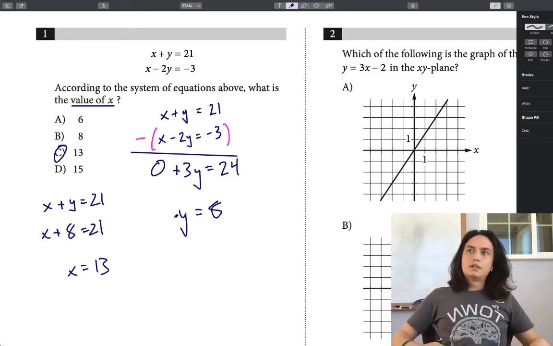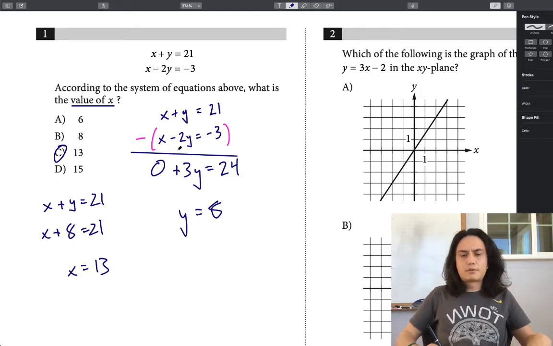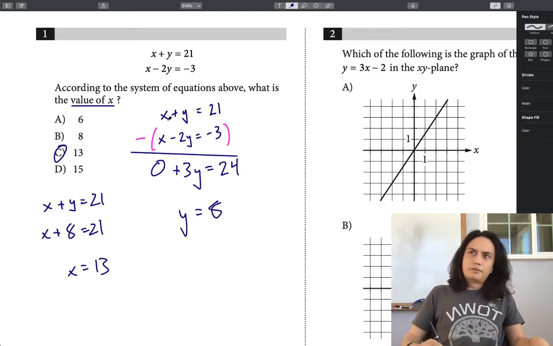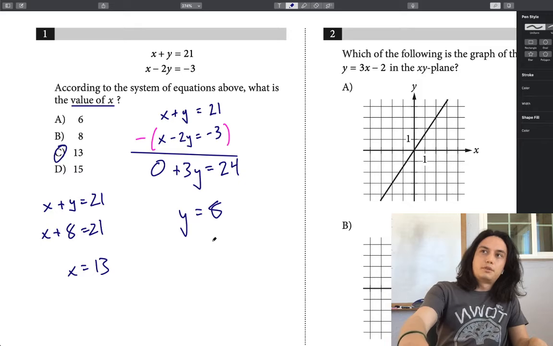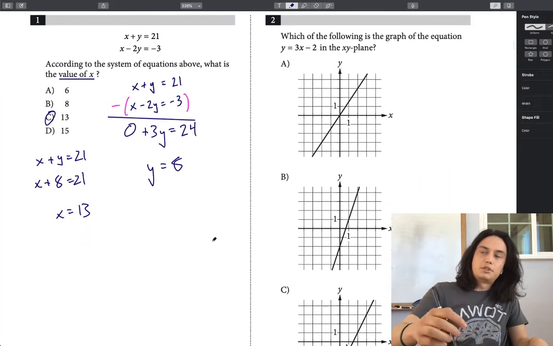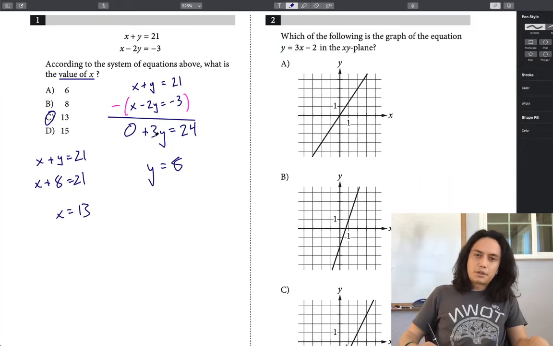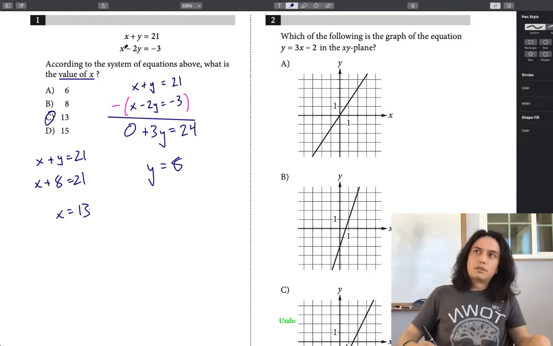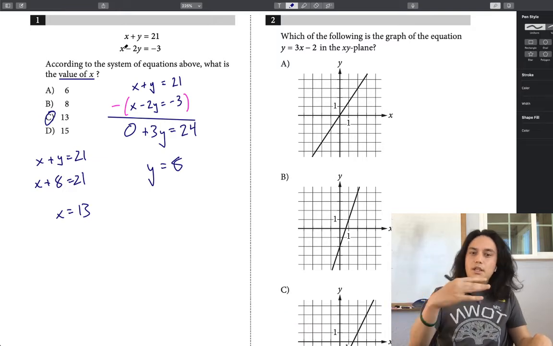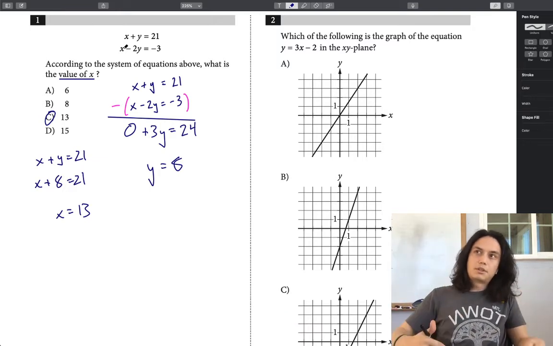So almost all these questions work like this, where you can find one of the variables to just cancel out through the subtraction method. But the other way of doing it, if you don't fully know how to do that, is to do the substitution method, where you aim to get one variable alone on one side of the equation in both equations, and then set them equal to each other.